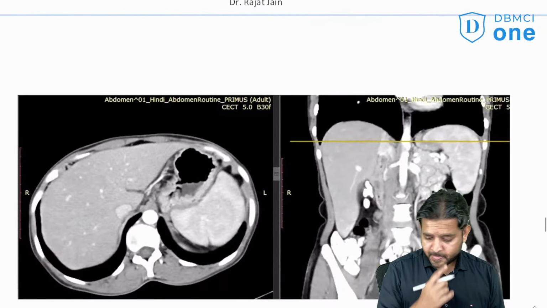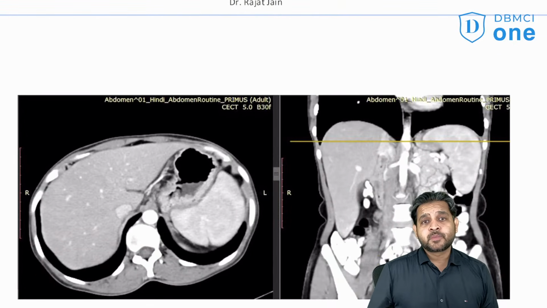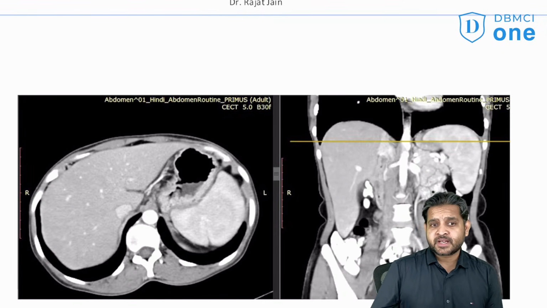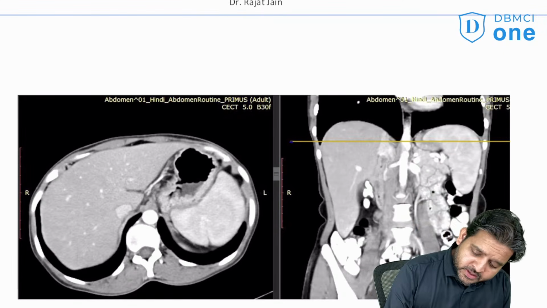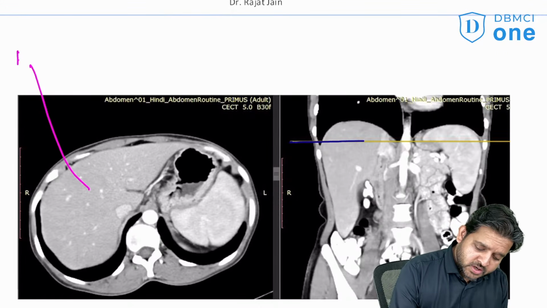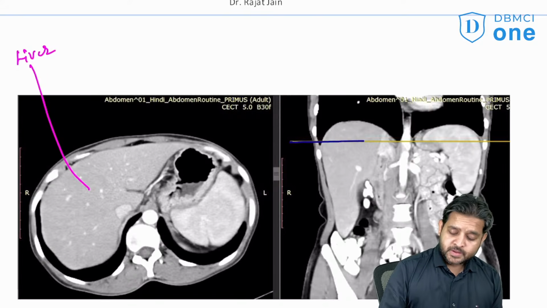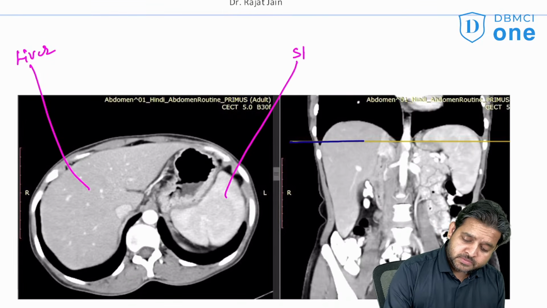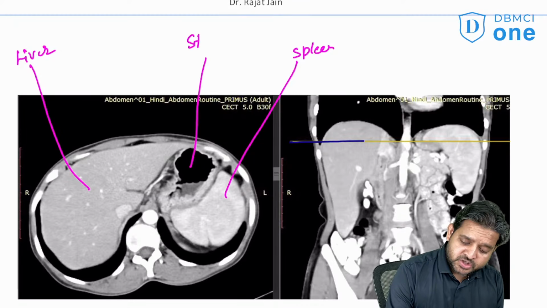Right? Okay. Now, CT of the abdomen is also something that can be there in the exam. Now, see at what level the section has been taken. So, automatically, this structure will become liver. This structure will become spleen. And this black structure, an air containing structure, is stomach.